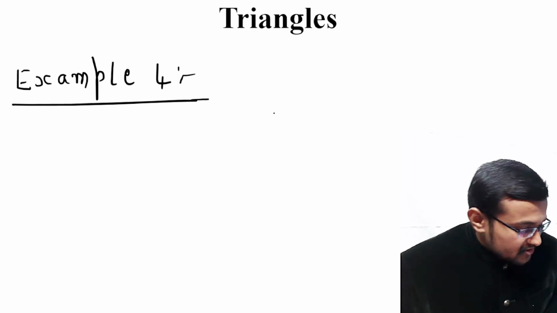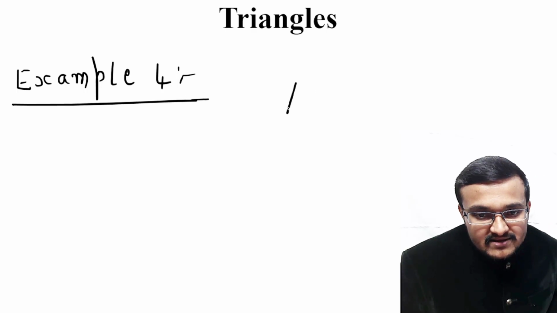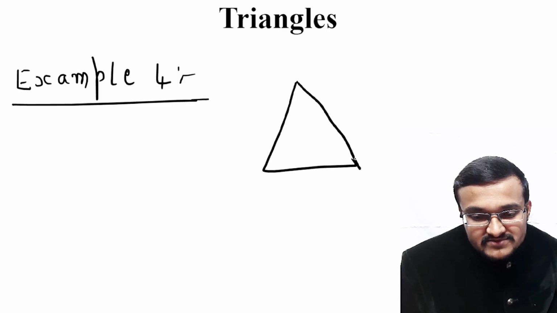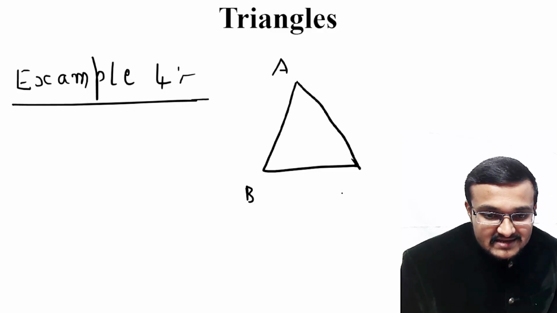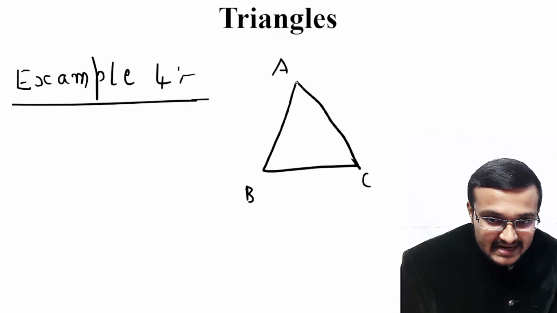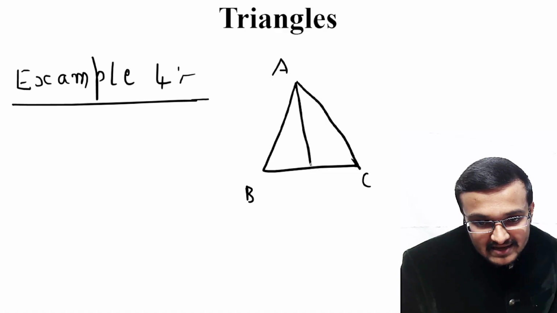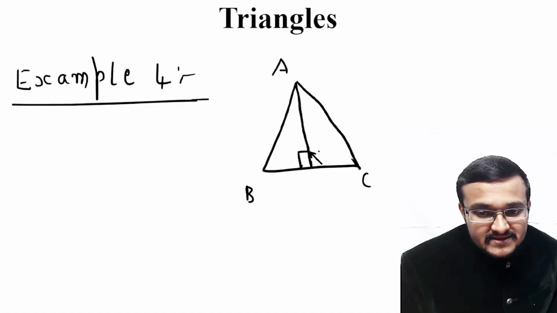So in example 4, you have a particular triangle. Let me draw that triangle. The name of this triangle is ABC, and there is a line where this angle is 90 degrees and this angle is also 90 degrees.